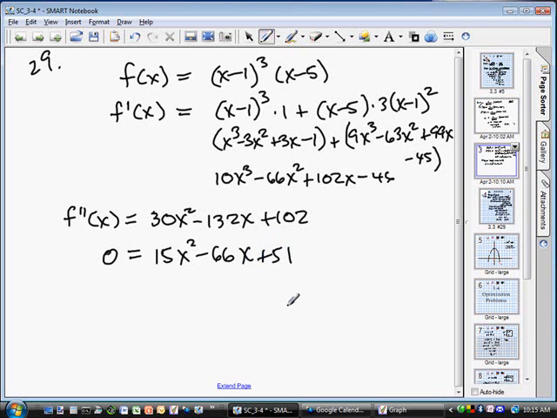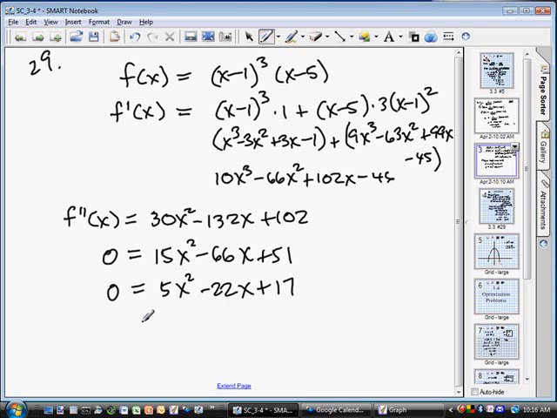Are those all divisible by 3? Yeah. So I'm going to divide through by 3 now. Now, how do you solve a quadratic? Go ahead and use the quadratic formula.